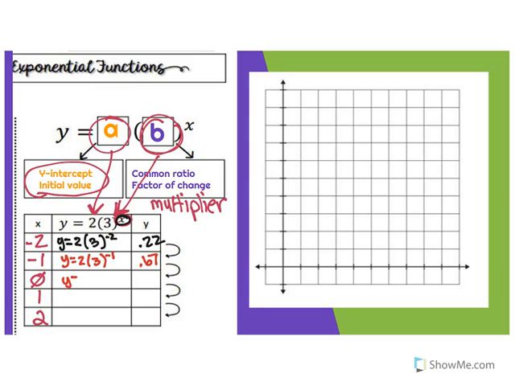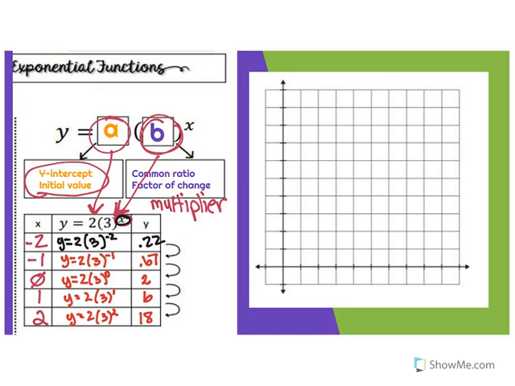And we're going to do it again, y equals 2 times 3 to the power of 0, and that equals 2. And then y equals 2 times 3 to the power of 1, and that equals 6. Y equals 2 times 3 to the power of 2, and that equals 18.